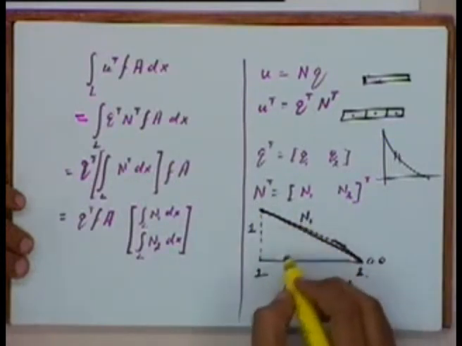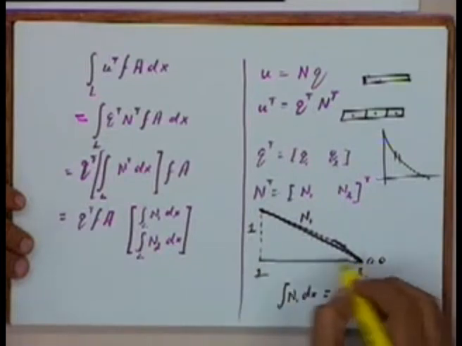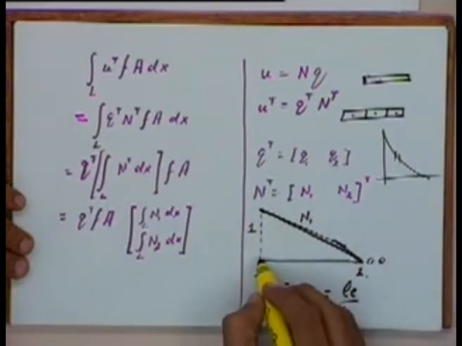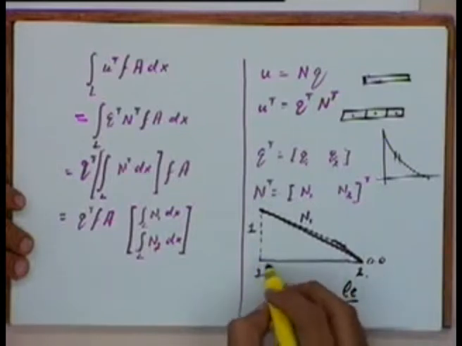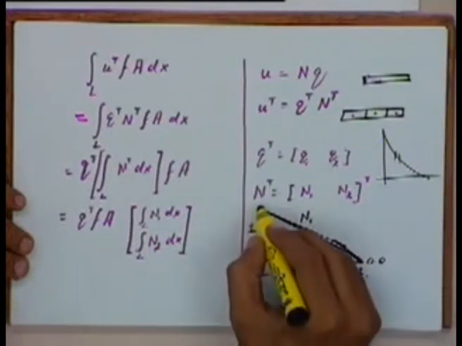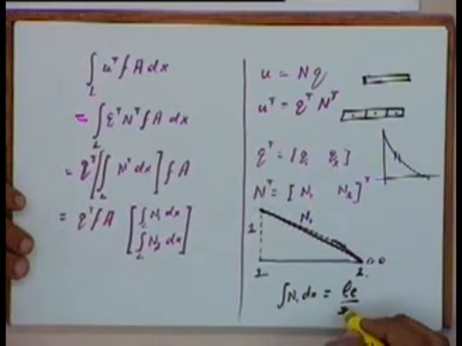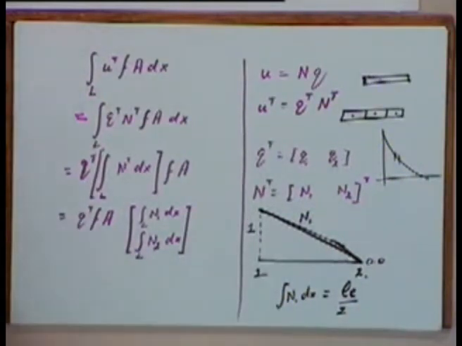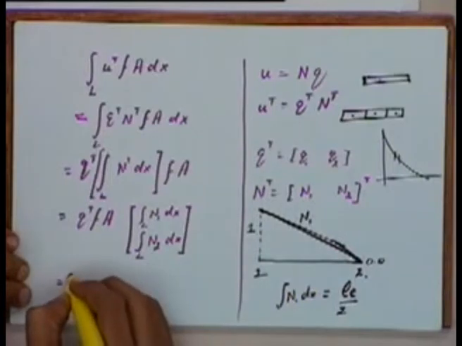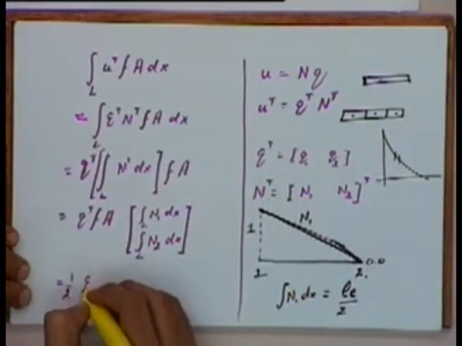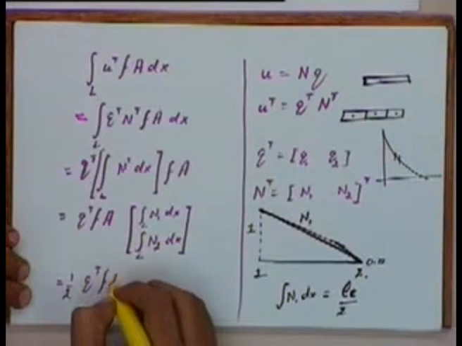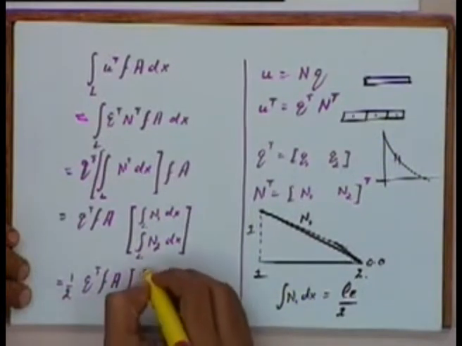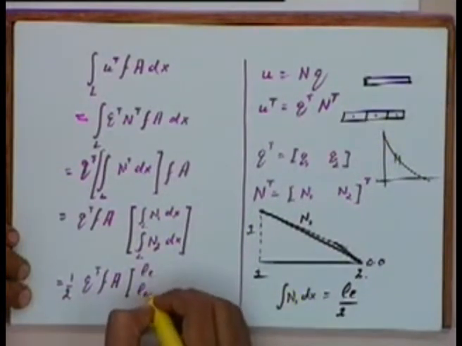So the integral of N1 over the length of the element is the area of this triangle, and that is nothing but the length multiplied by 1 multiplied by half, which is LE by 2. So use that expression over here, and this will become equal to half of Q transpose F A LE.